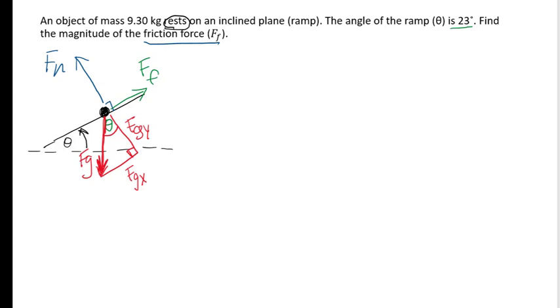It's going up the ramp. If this object is at rest, that means, if you remember, the net force is 0. F net equals 0 here because the object is at rest. So in the x direction, the net force is 0 moving along the ramp. And in the y direction as well, the net force is 0.